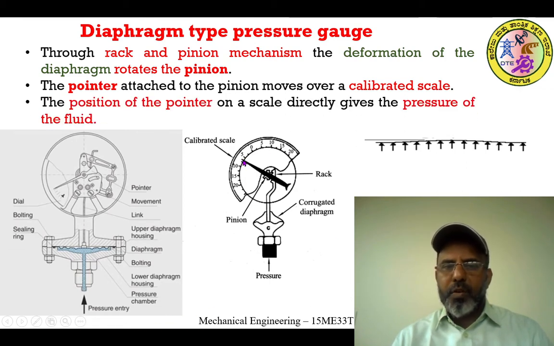And the position of the pointer on the scale directly gives the pressure of the fluid. This is how the diaphragm type pressure gauge is employed for measuring relatively small fluid pressures. Now just once again I will repeat here.